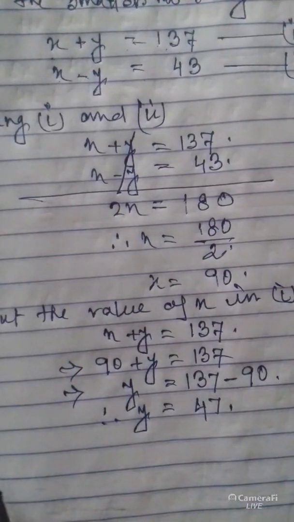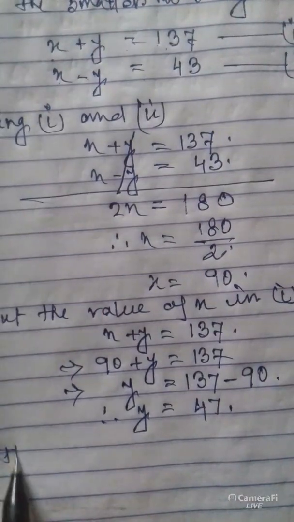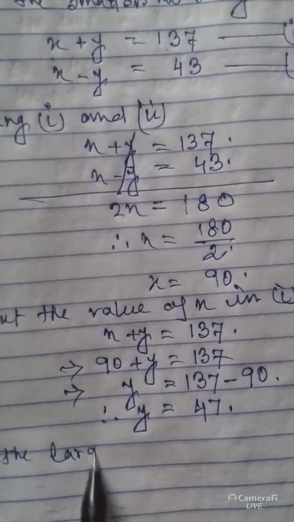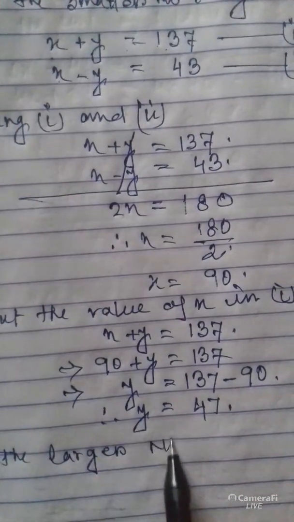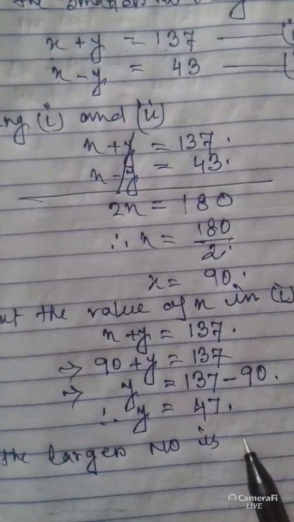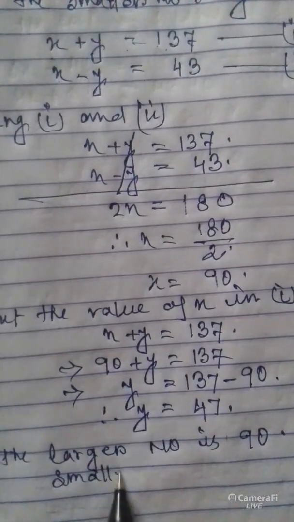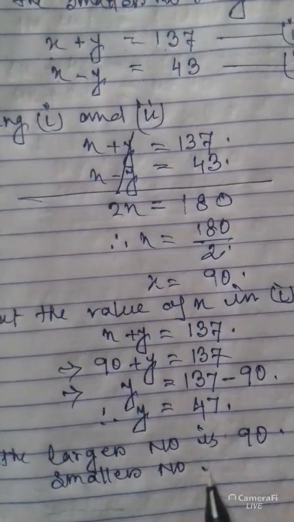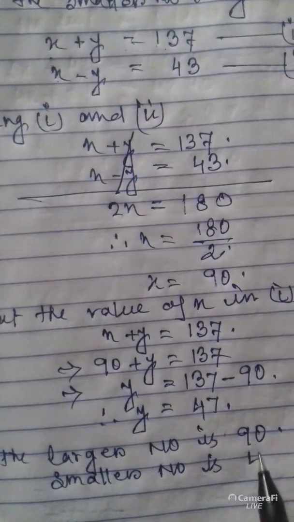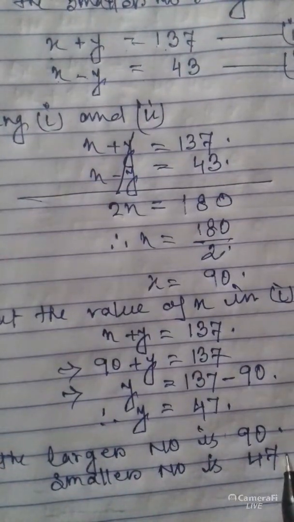So our answer: the larger number is 90 and the smaller number is 47.